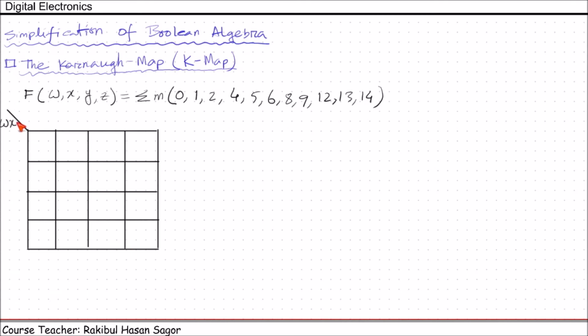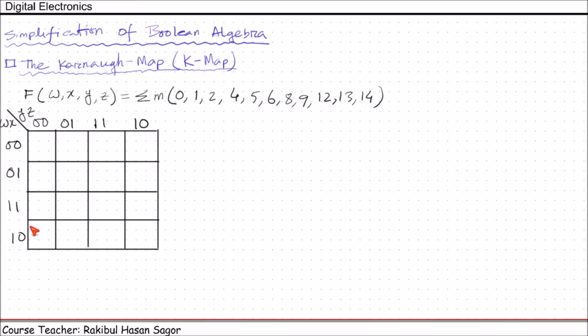We have wx here and yz here. 00, 01, 10, 11. 00, 01, 11, 10. The location 0 is 0, 0, 0, 0. This is the location. We have 1. So 0, 1, 2, 3. These are the locations. 4, 5, 6, 7.